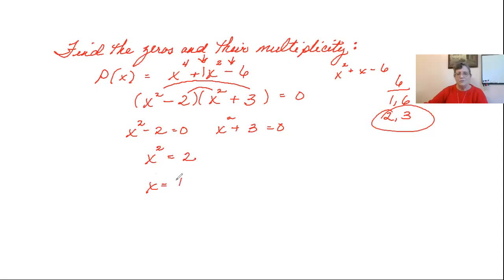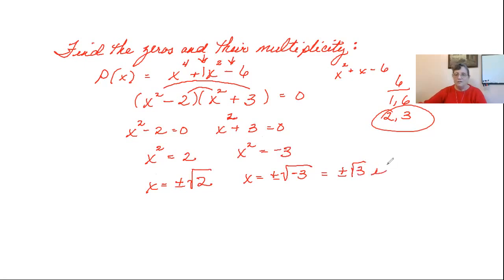So x is going to be plus or minus the square root of 2. That's a square. This is going to be x squared equals negative 3. So x will be plus or minus the square root of negative 3, which will be plus or minus the square root of 3 times i.